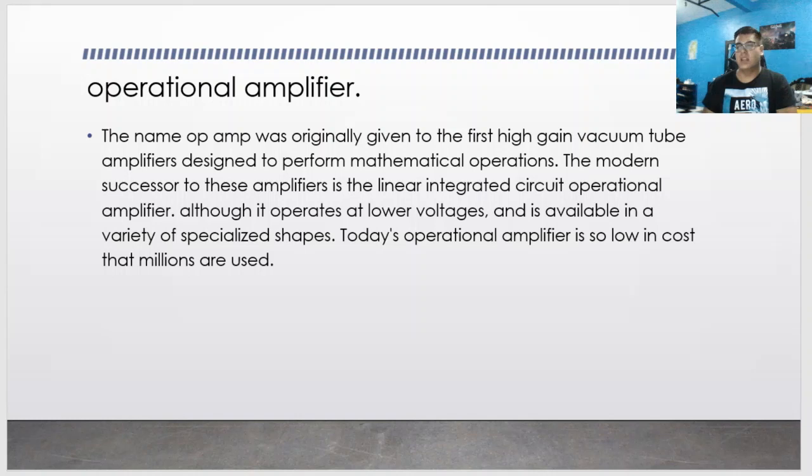The modern successor to this amplifier is the linear integrated circuit operational amplifier, although it operates at lower voltage and is available in a variety of specialized shapes. And today, operational amplifiers are so low cost that millions of units are used.